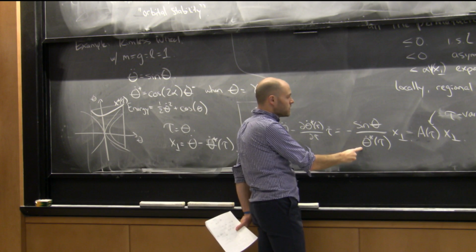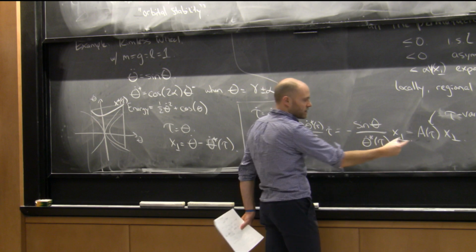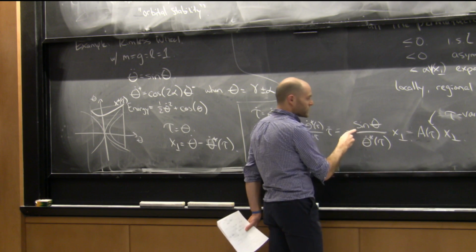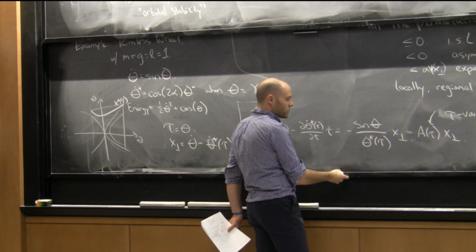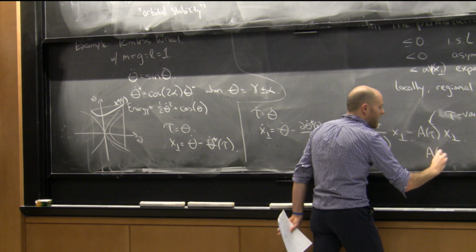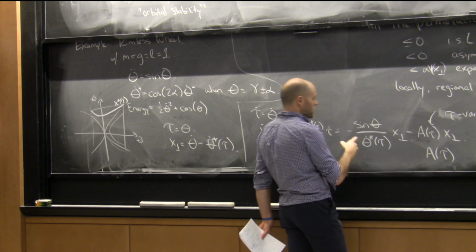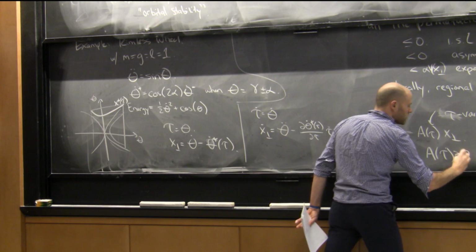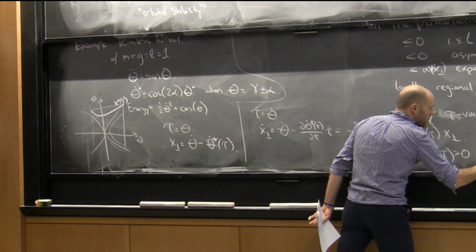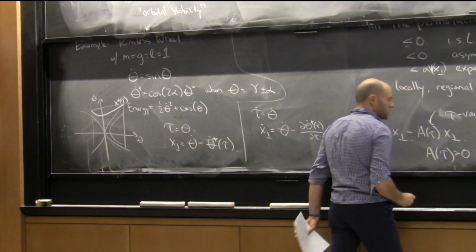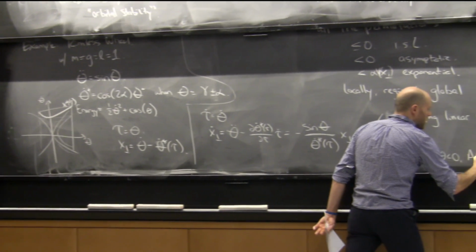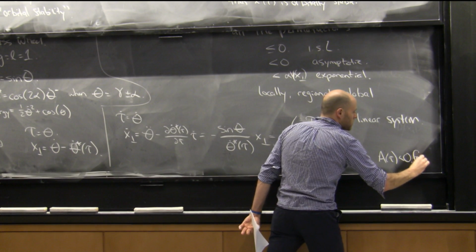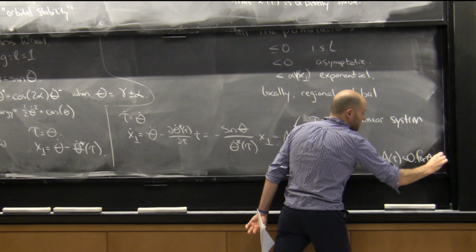So for the one-dimensional linear system, I can just look at the sign of this thing. It turns out that a tau is greater than 0 with theta less than 0, and a tau is less than 0 with theta greater than 0.